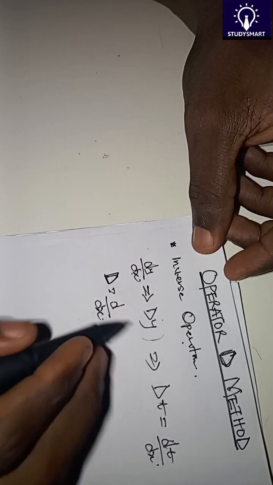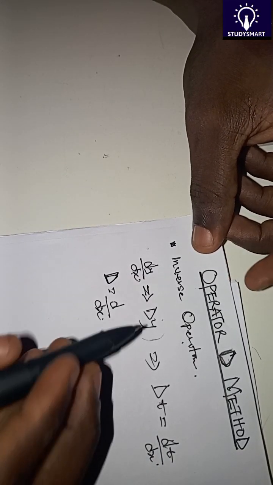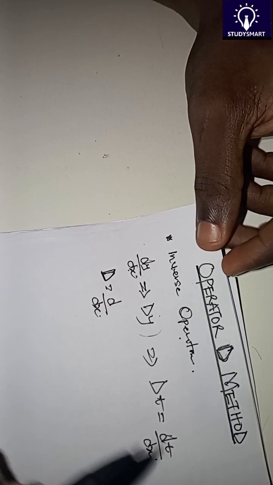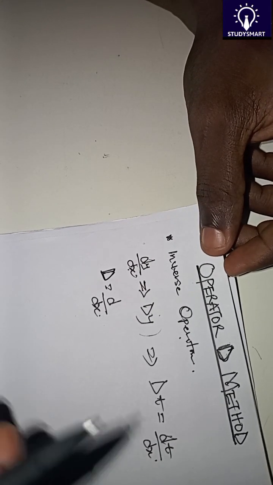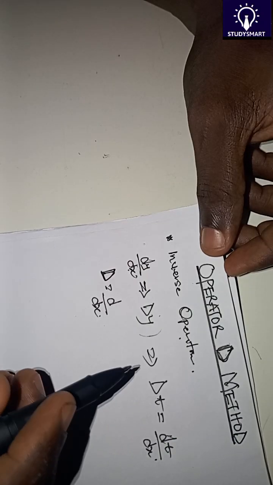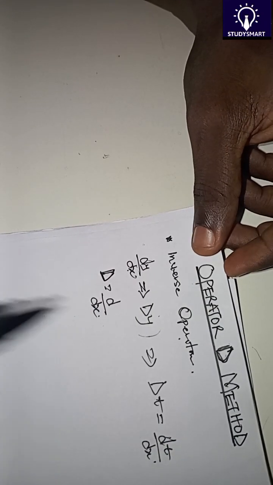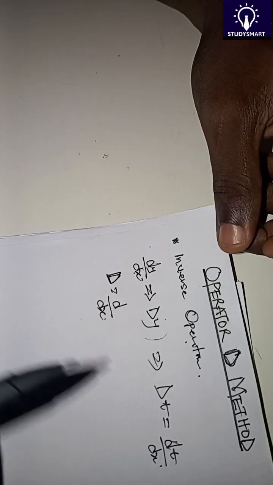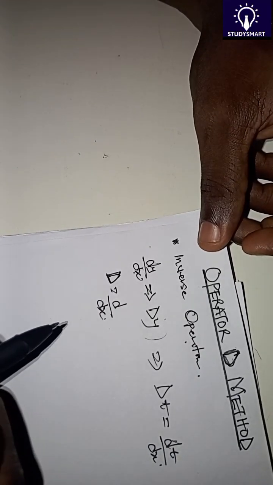Anything can be here: the expression can be in terms of y, in terms of t, in terms of m, and so forth. So just bear in mind that D in the operator D method implies d over dx.